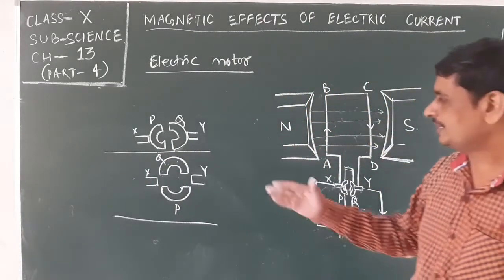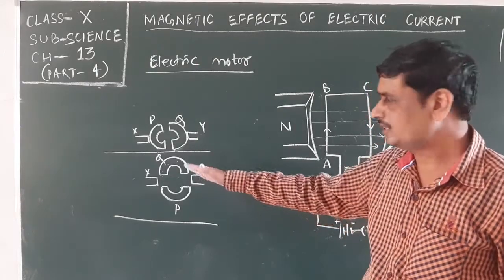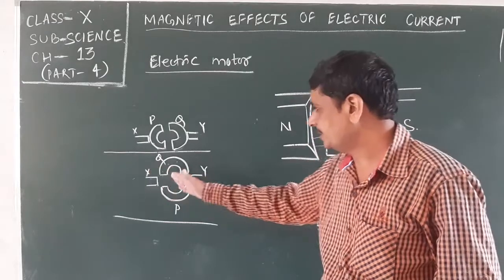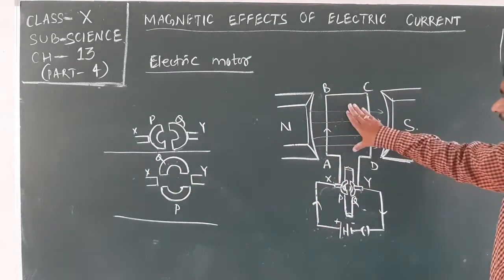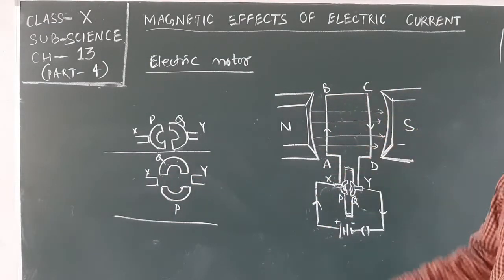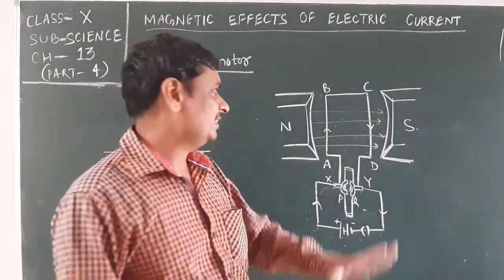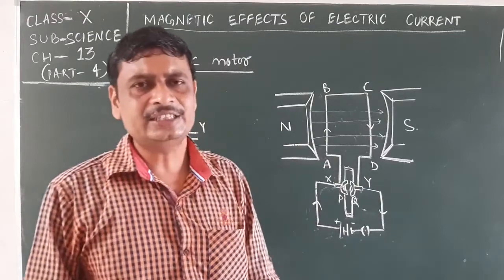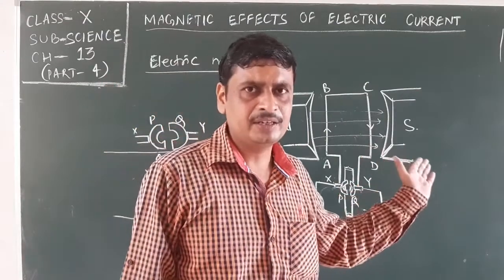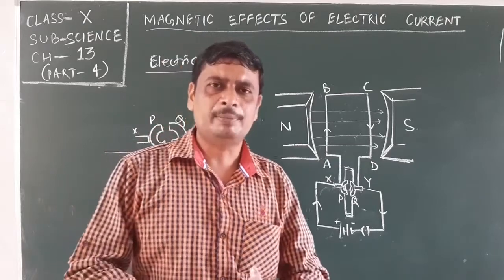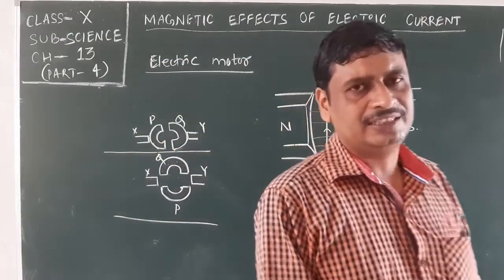But when the current is cut off due to the disconnect of brush and ring, force will not be exerted on the arms of the armature. But due to the momentum of the armature, it again starts to rotate and completes its half rotation.